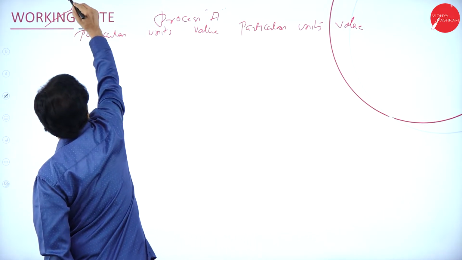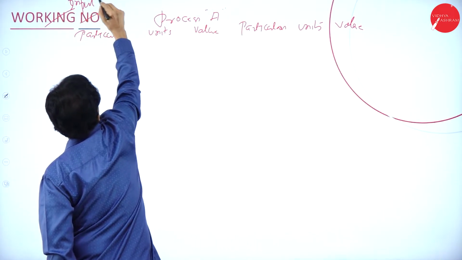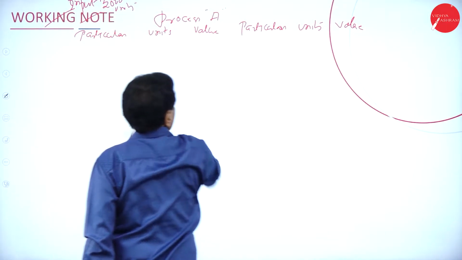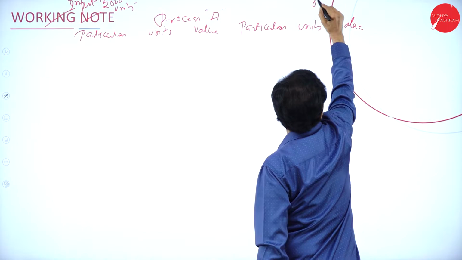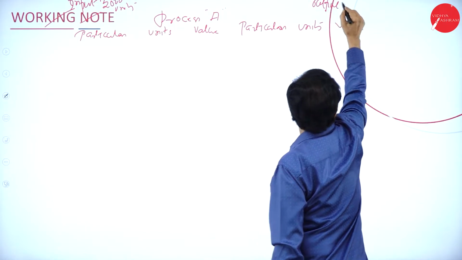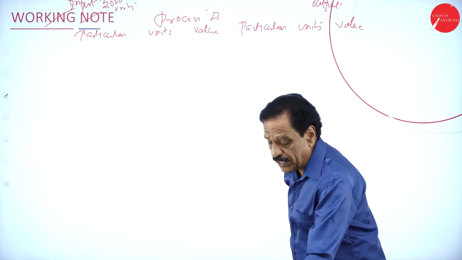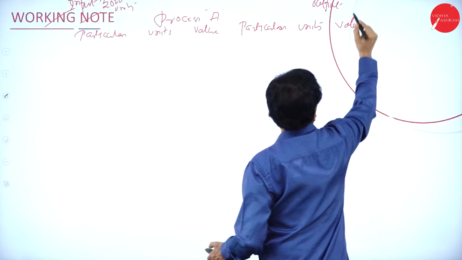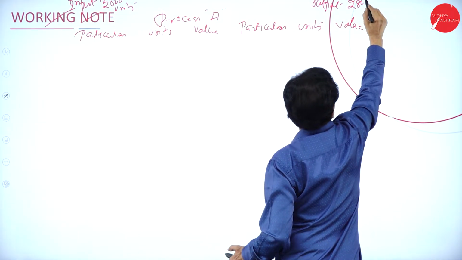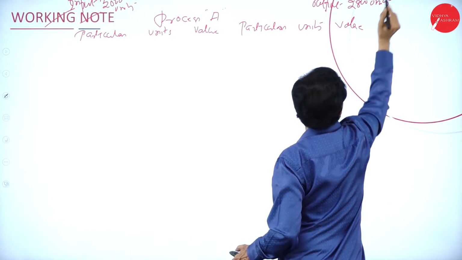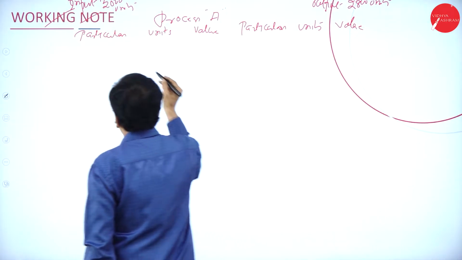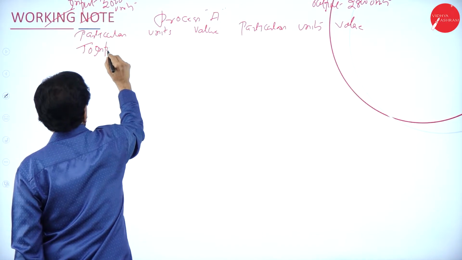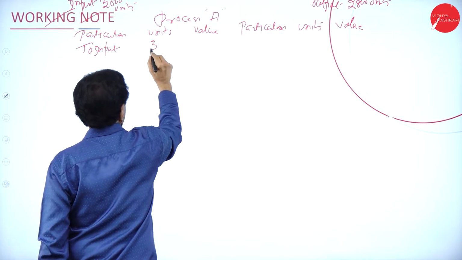Input. 3,000 units. Output. So we introduced 3,000 units. Your output is 2,800. This is units. I'll put it here. Input, 3,000 units.